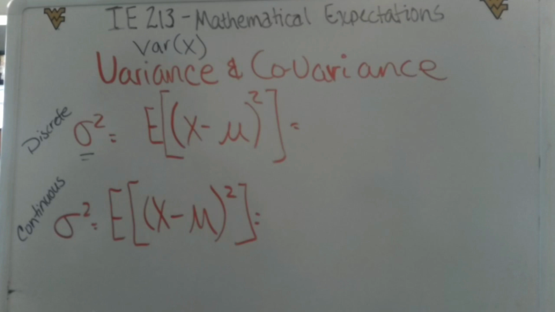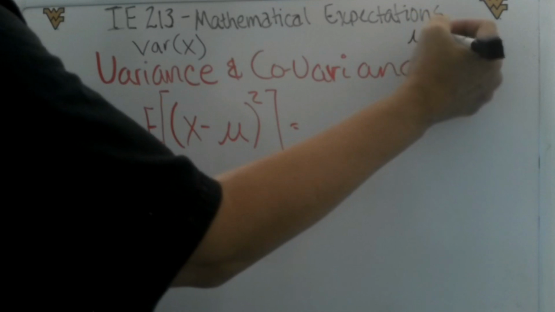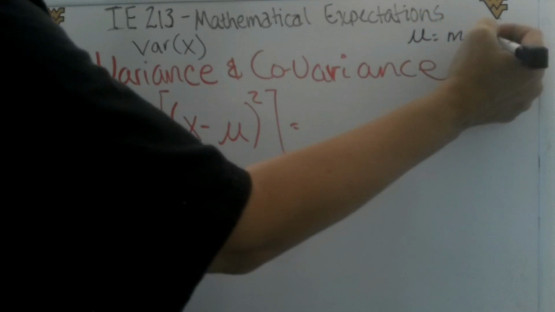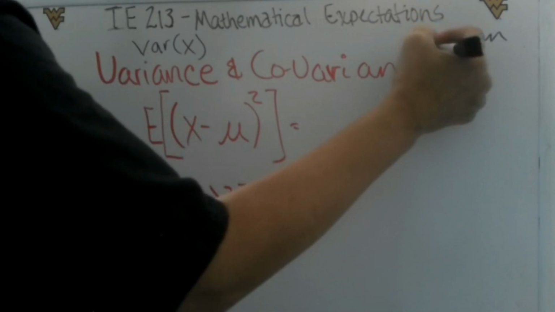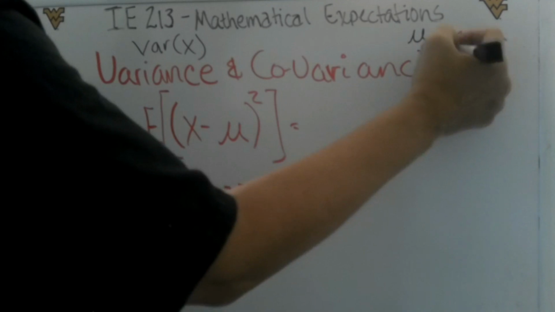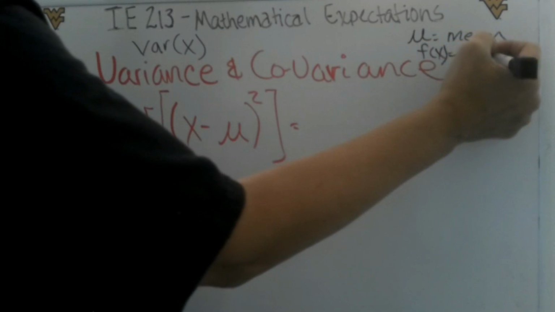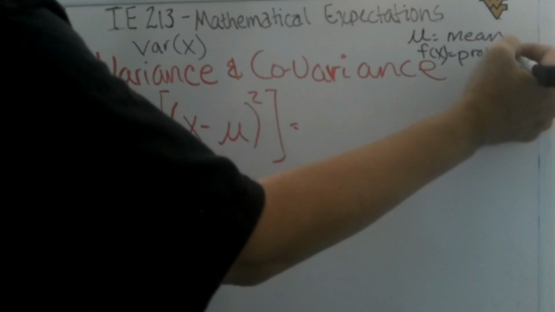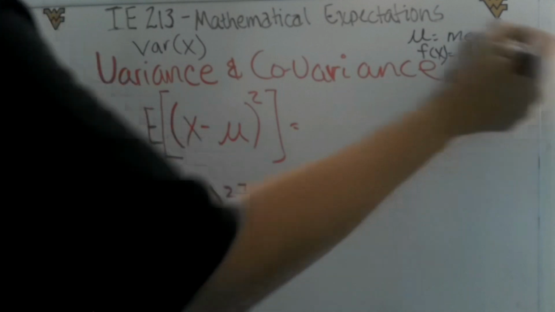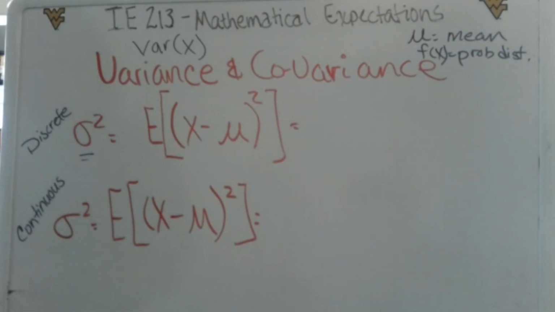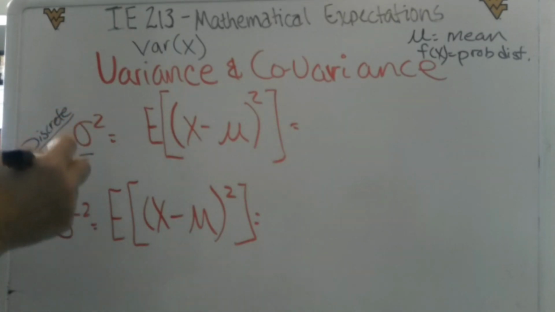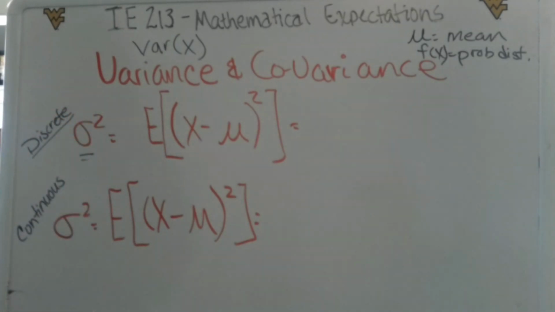And so what we want to do is let x be a random variable with probability distribution f of x and mean mu. The variance of x is, we'll do discrete first, sigma square is equal to the expected value of (x minus mu) square.